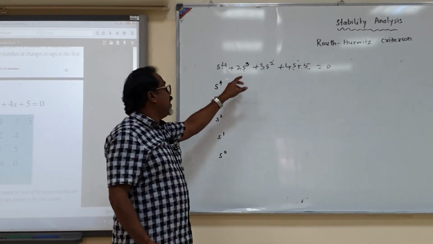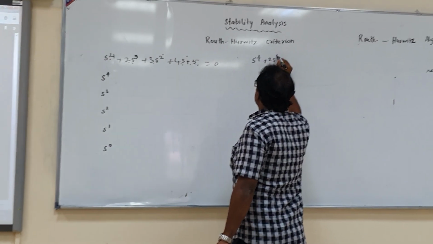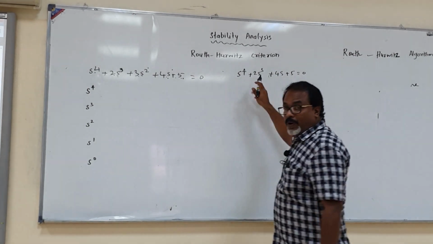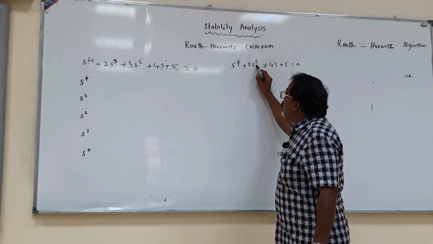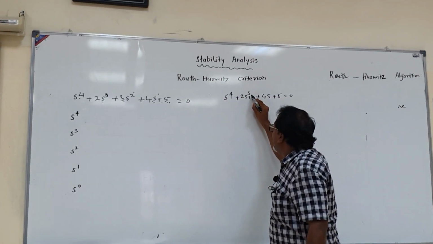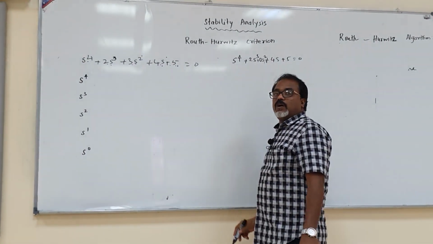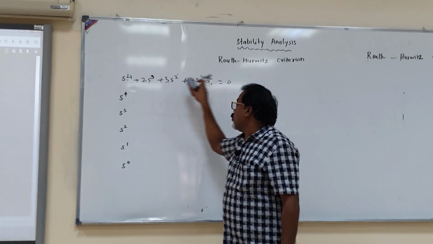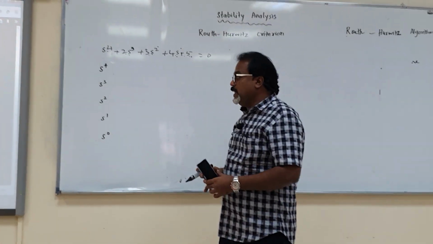If anything is not there, for example, s power 4 plus 2s cube plus 4s plus 5 equal to 0, suppose this is the question, then you have to include the s square term also by adding 0 s square. Only after that you proceed with your Routh Hurwitz array. So now it is crystal clear, all of the powers from s power 4 to s power 0 are here, so we can proceed easily.